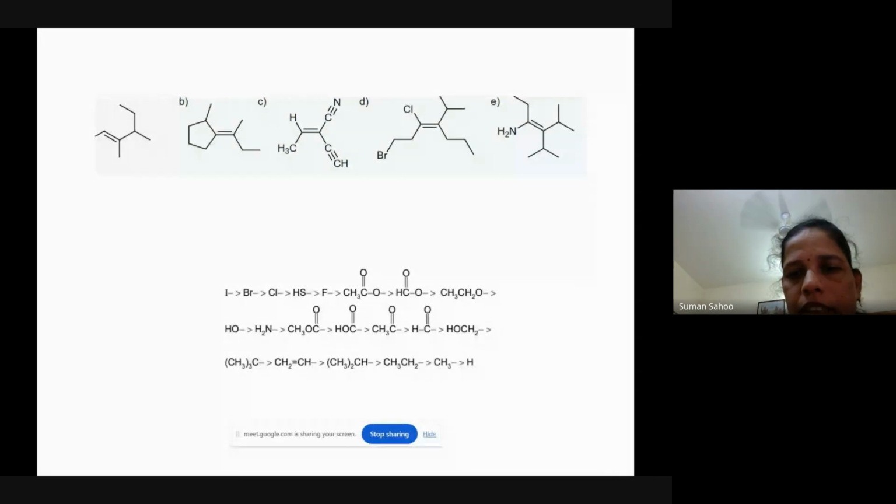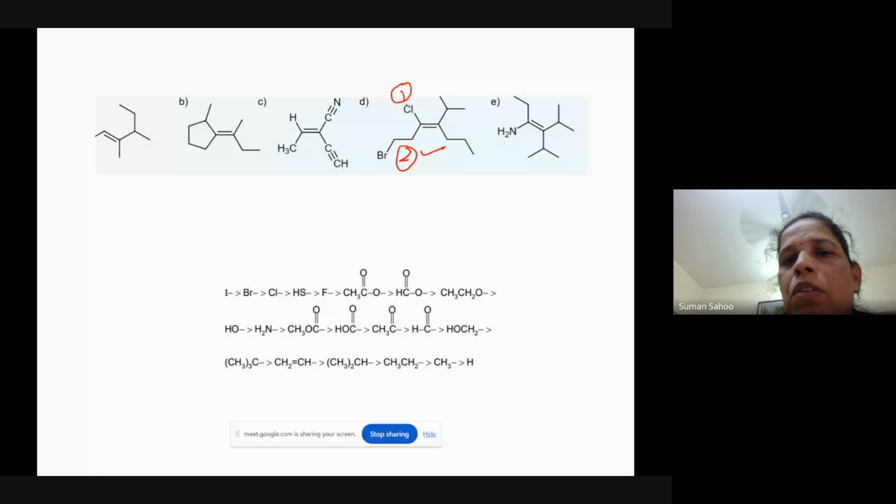These are the rankings of who is going to be in the higher priority. So this is the order. Suppose we go for this molecule. I am not doing them all. In this case, this is the carbon-carbon double bond, pi bond here. So this is going to be priority 1 and this is going to be priority number 2, because the next point of attachment here is carbon and here it is chlorine.